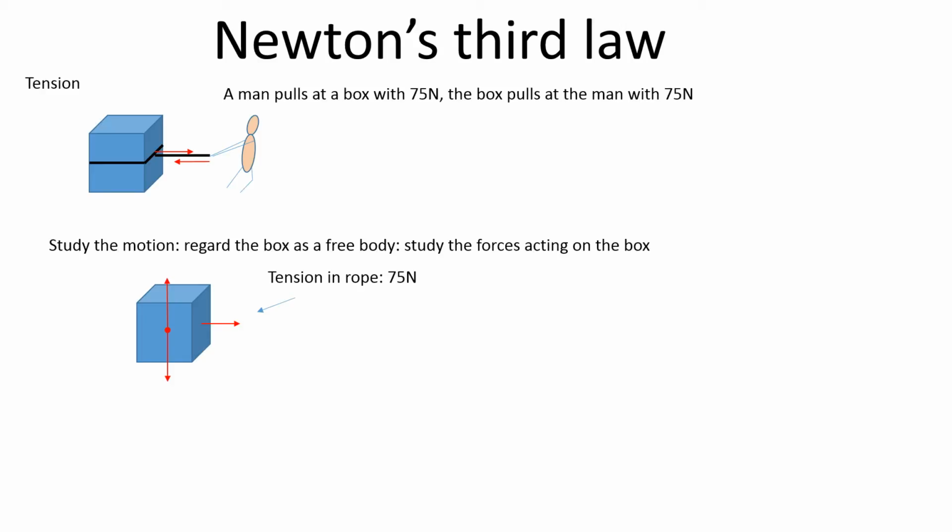We have downwards gravity, upwards normal force, and the tension in the rope, 75 newtons. The normal force and the gravity cancel each other out because there is no acceleration in vertical direction. Look at it this way. And don't forget, normal force and gravity are not always equal, as some people might easily start to think from this situation. Normal force and gravity are in this situation equal because there is no acceleration in the vertical direction. Ergo, normal force and gravity are equal.